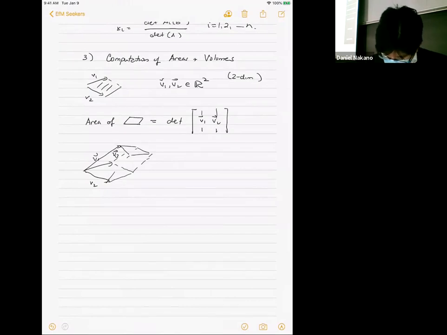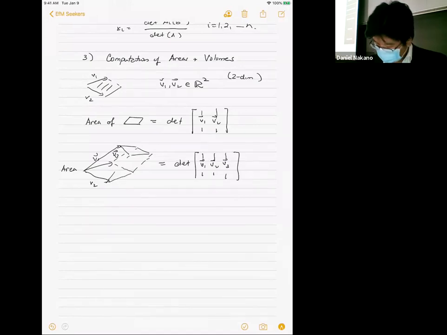So the volume of this thing is going to be equal to the determinant of the matrix I get when I put in the 3 vectors. Okay? So, this is the 3-dimensional picture.